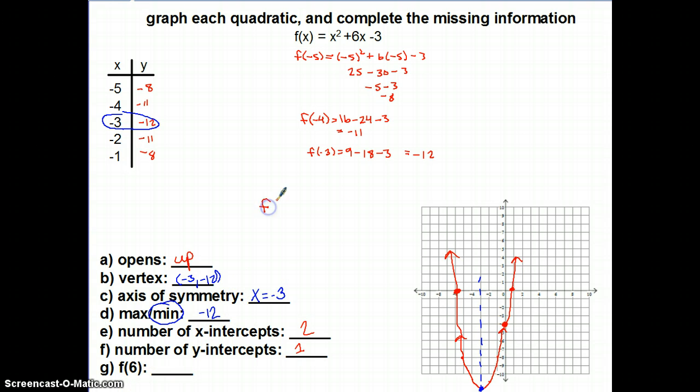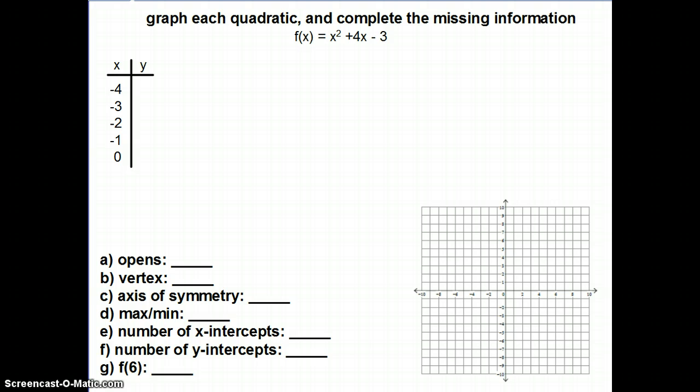So plugging that in, f of 6 equals 6 squared plus 6 times 6 minus 3 is 36 plus 36 minus 3, 72 minus 3 is 69. So the y value when x is 6 is 69. So on your graph, if we were to graph this, we would go right 6 and up to that y value of 69, which is obviously beyond our graph. Go ahead and take a moment to pause the video and try this next slide on your own.